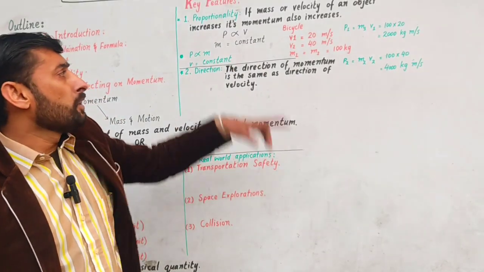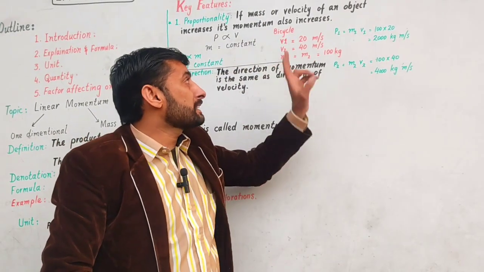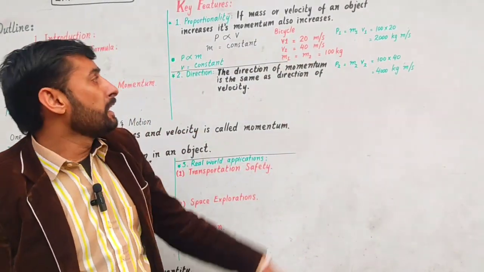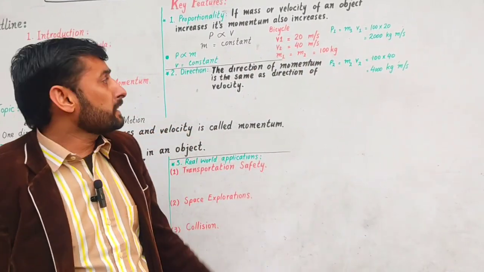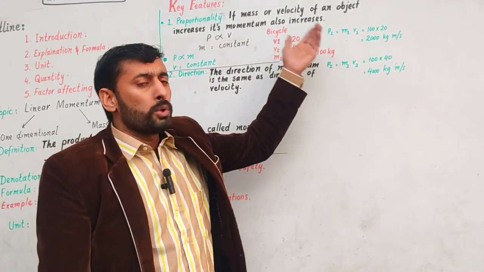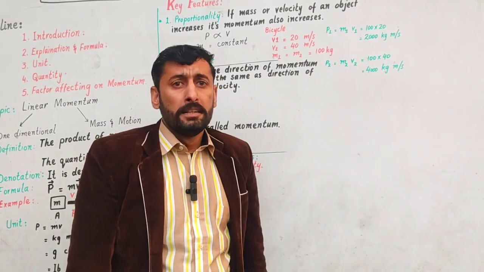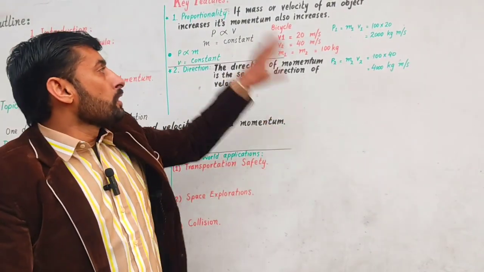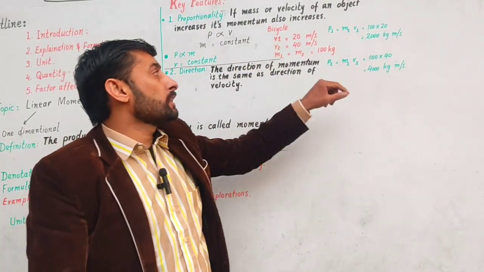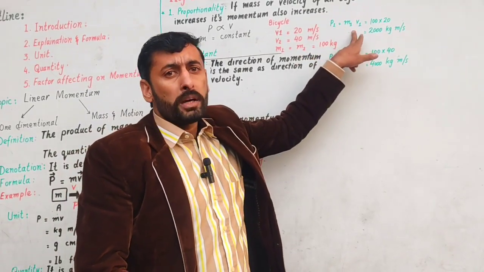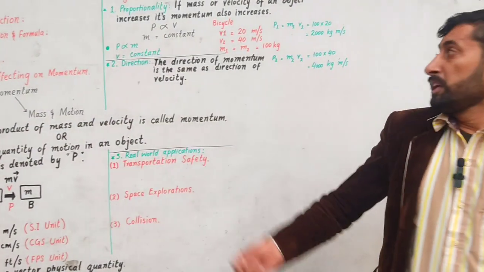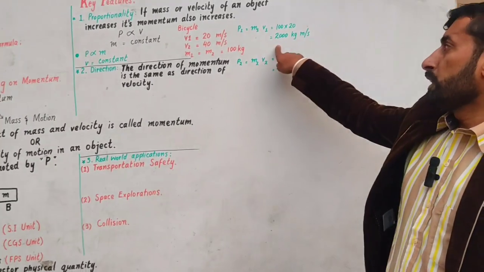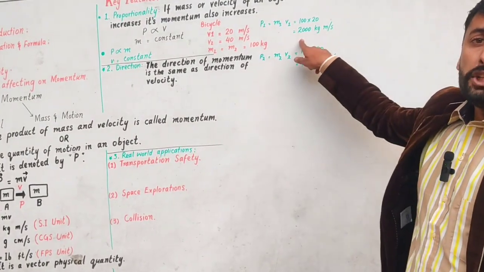For example, we have two bicycles. The velocity of one is 20 meters per second and the velocity of the other is 40 meters per second, but both bicycles have the same mass, m1 equal to m2, and that mass is 100 kg. The momentum of the first, p1 is equal to m1 v1, and when we put in the values we get 2000 kg meter per second.